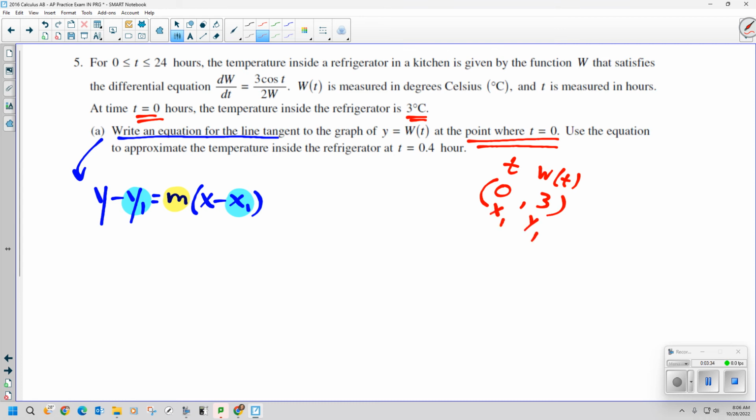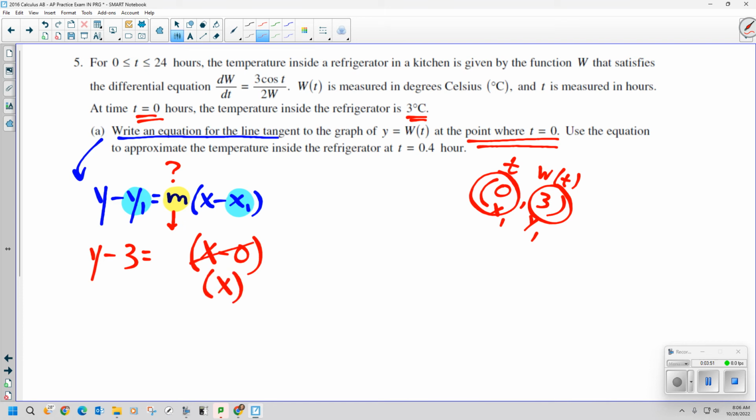So it is y minus 3 equals, I still don't know m, and that's fine, times x minus 0. Or I could just say times x, because x minus 0 is x.